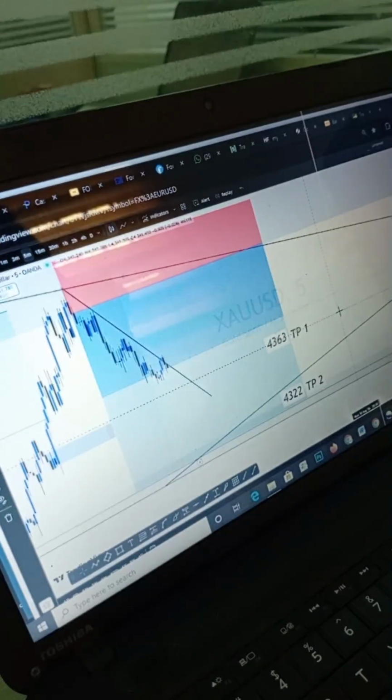When your setup is right, that's what your trade is going to look like.